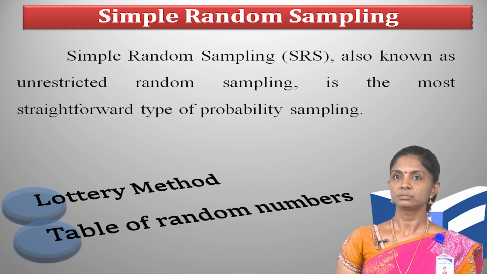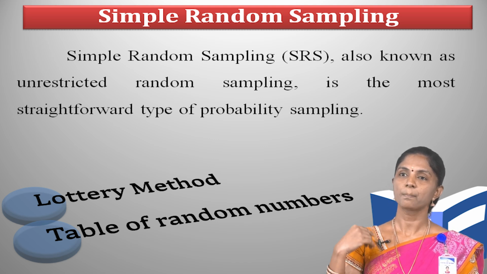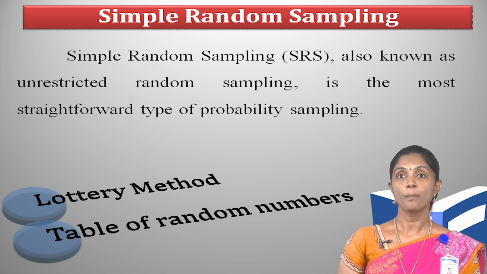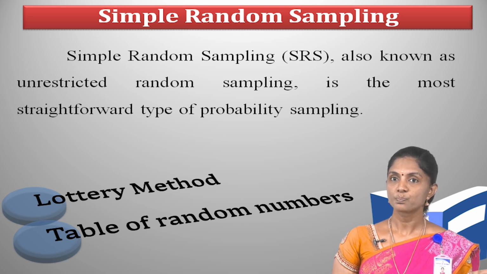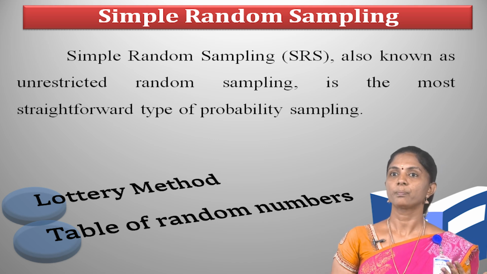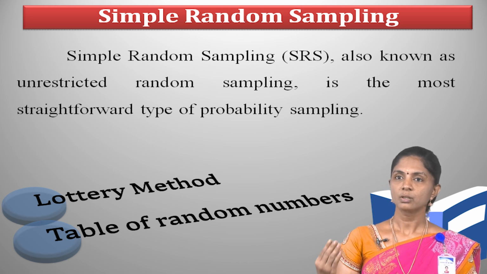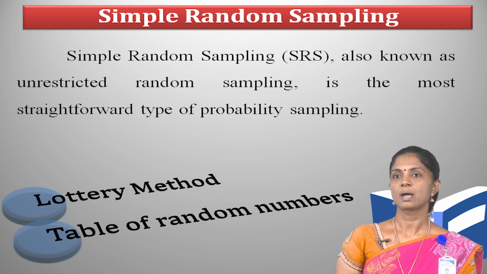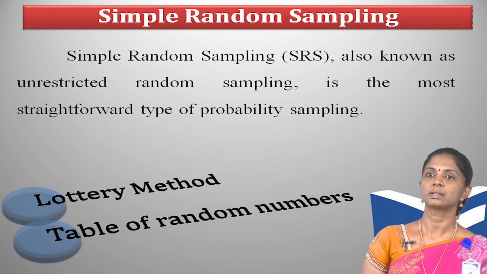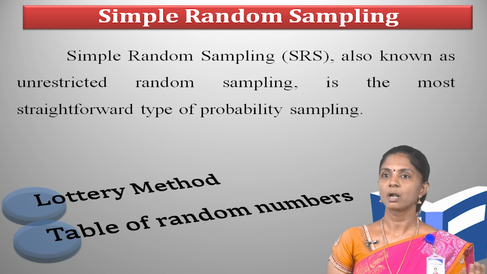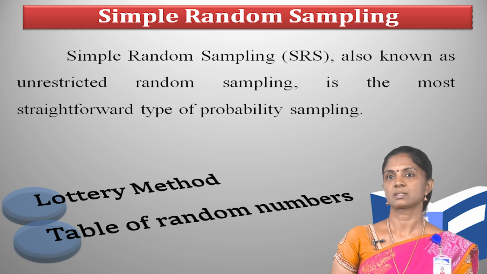This ensures that the sample is representative of the whole population. It reduces bias and allows for the generalization of results. There are two methods of random sampling. One is the lottery method, another one is the table of random numbers.